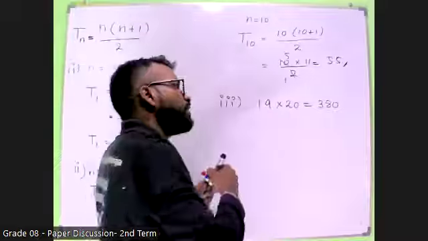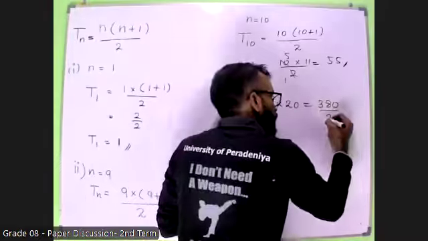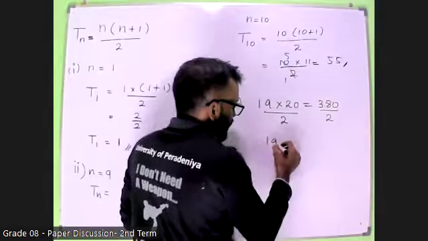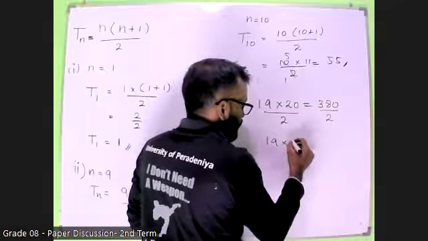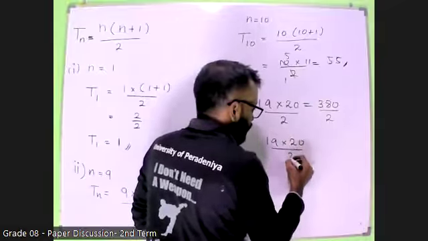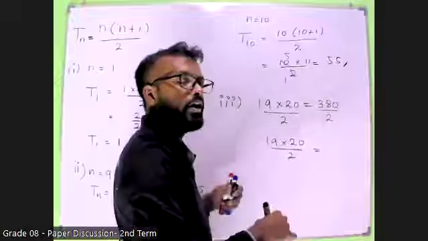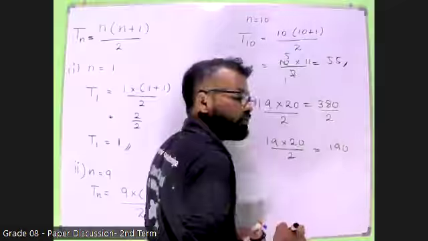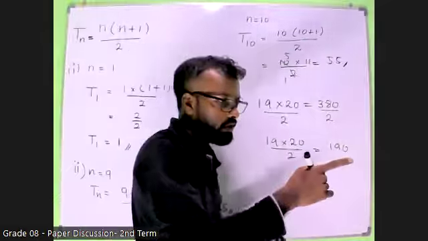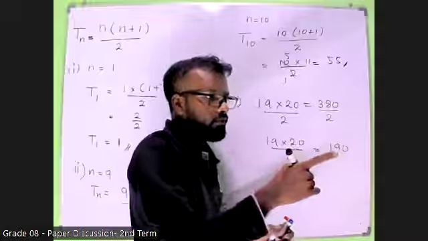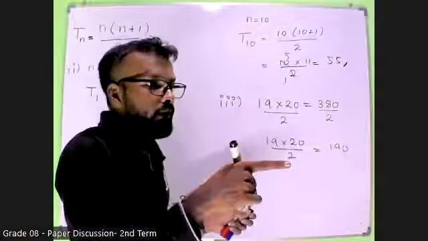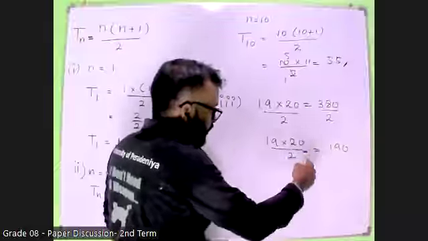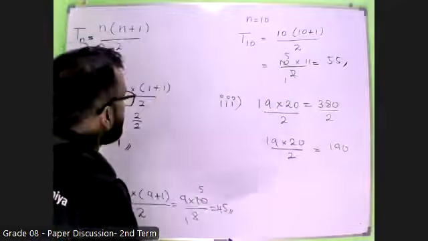So let's divide both sides by 2. 19 times 20 divided by 2 equals 380 divided by 2, 190. This is 190. So what is it asking? Find which term is 190 of this number pattern. Now this is similar to n times n plus 1 divided by 2.